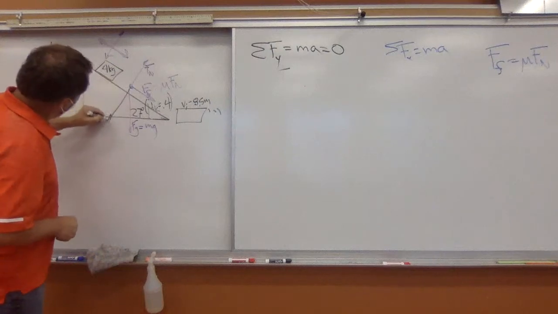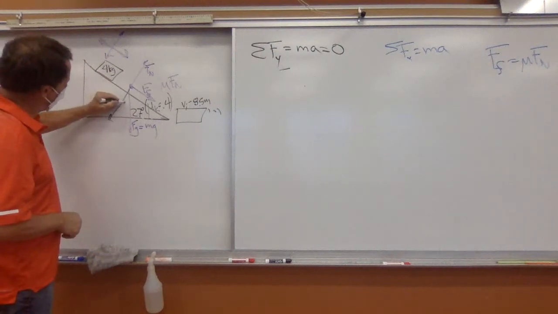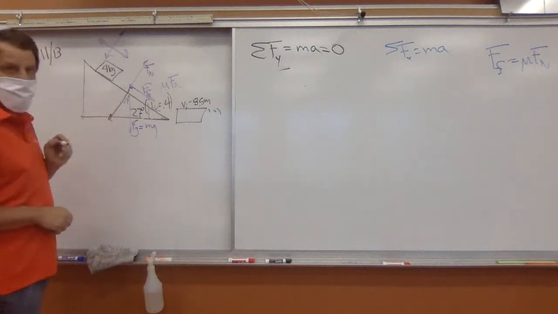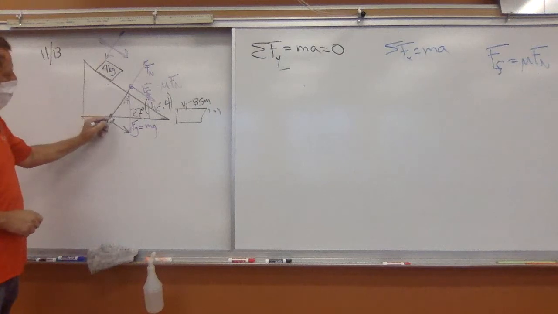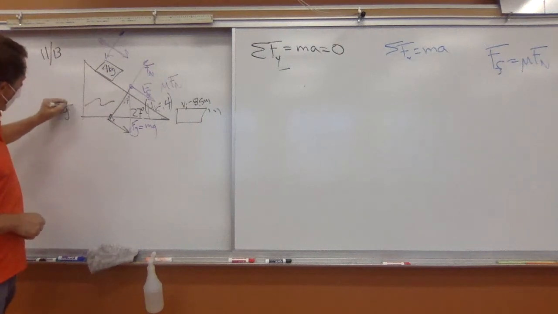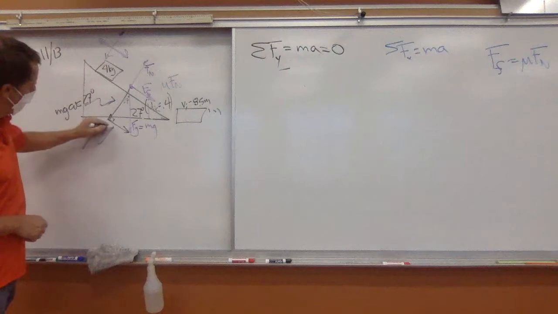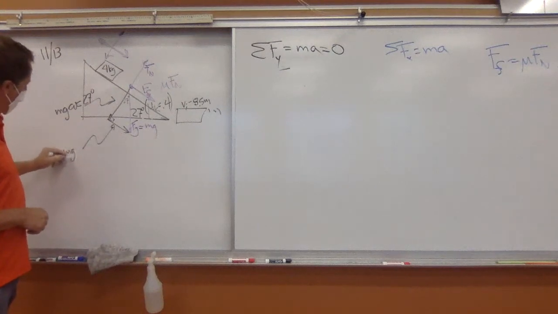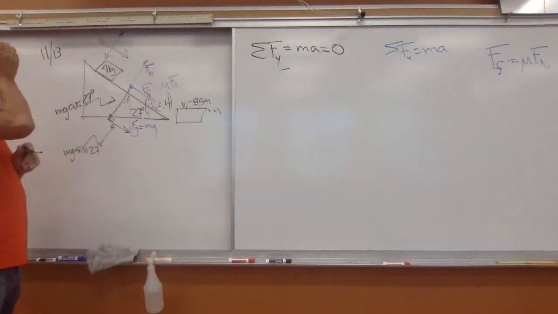This one right here is going to be mg cosine 27 degrees, and this one right here is going to be mg sine 27 degrees.